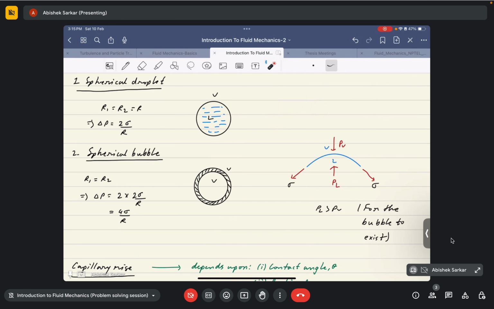But if a scenario arises that the pressure within the bubble is lower than the surrounding pressure, what would have happened? The bubble would have taken a distorted shape like this, right? Yes, sir. It would have deflated, right? But rather, it is able to maintain its shape.